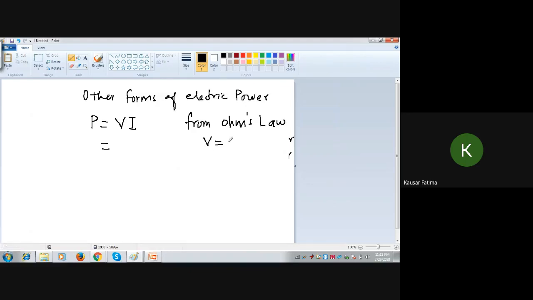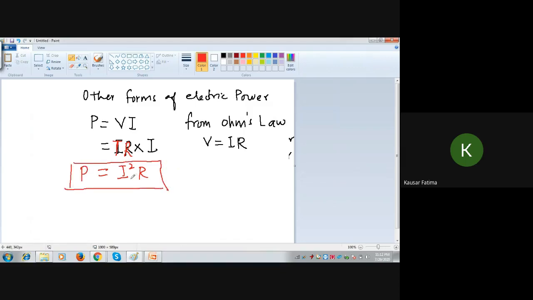V is equal to I into R. So I into R, and this I has come from this. So I into I, that will become I square into R. So this is one more formula of power.